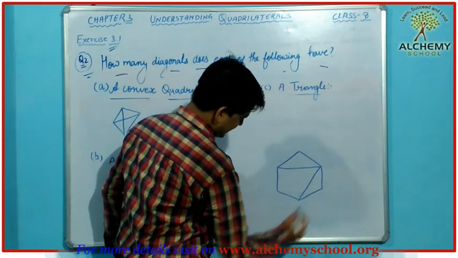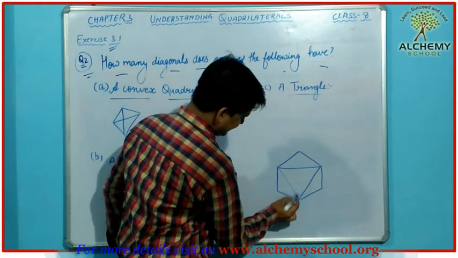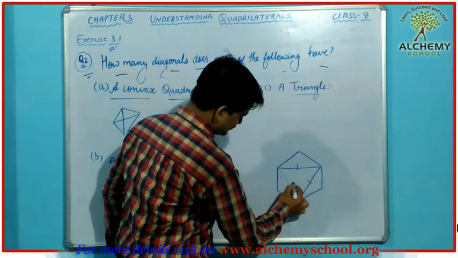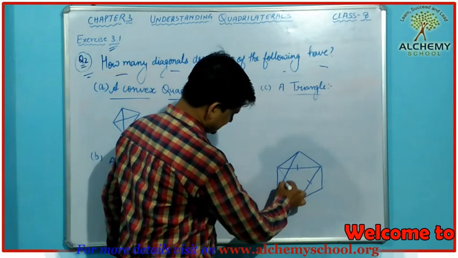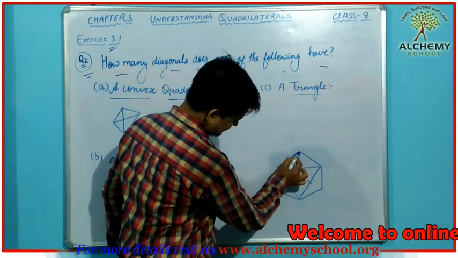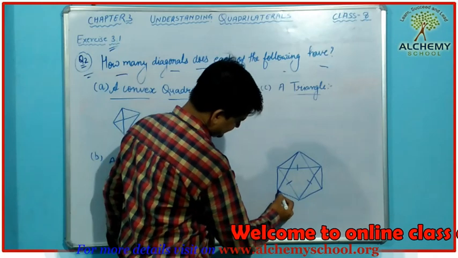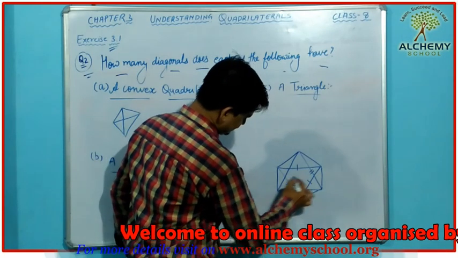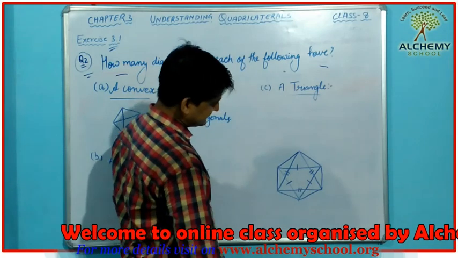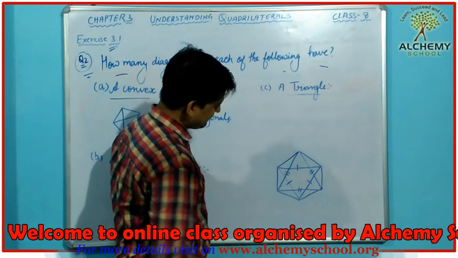This is one diagonal, 1, 2 and 3. 1, 2 and 3. We can make more diagonals. This is 1, this is 2 and this is 3. So 1, 2 and 3, 3 and 3, 6 diagonals we have made here.